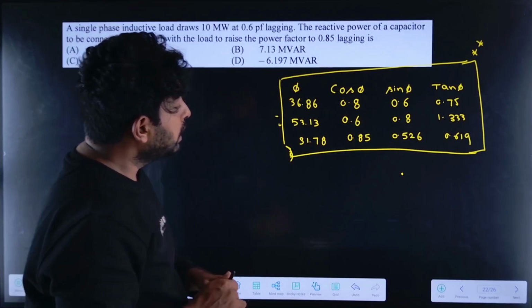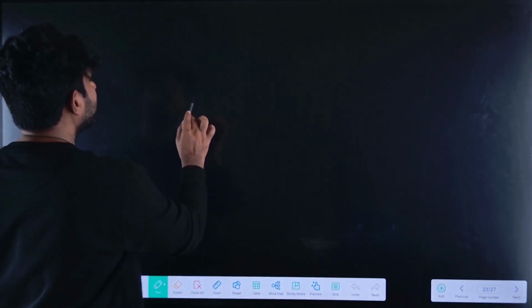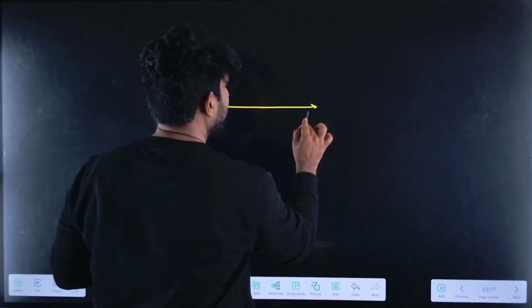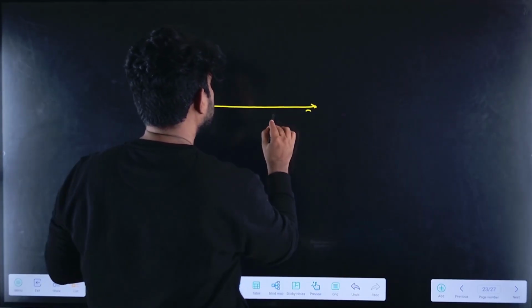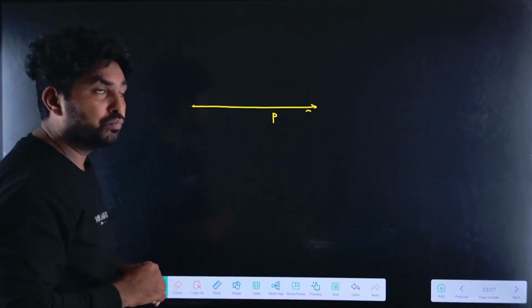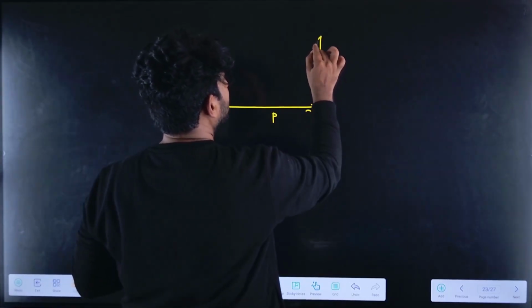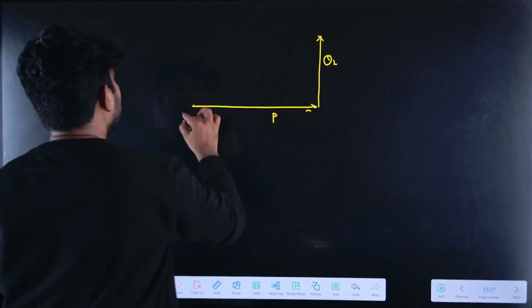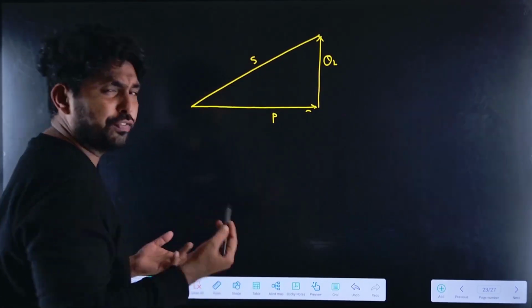Now let us understand the concept first. What is an apparent power? If I draw the power triangle, this is the active power, and the reactive power I represent with QL, the inductive reactive power, and this triangle is the power triangle S. This is very fundamental, right?